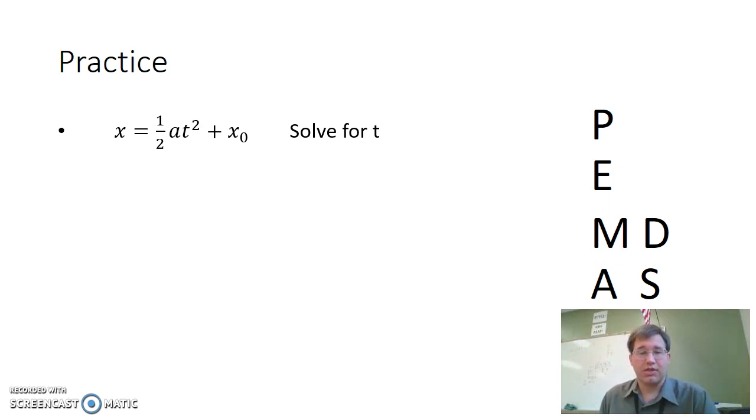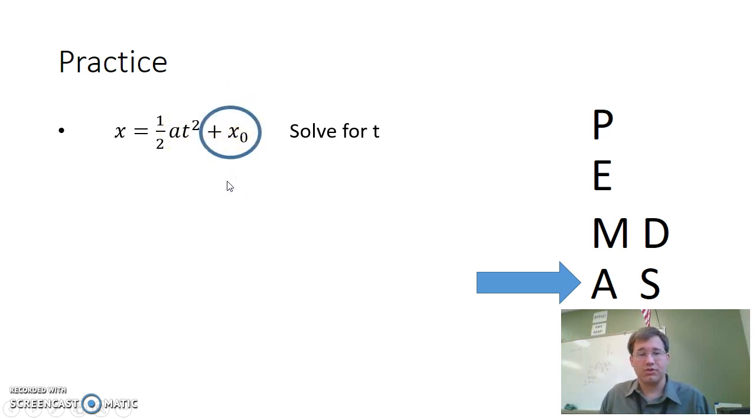The first thing that we have to do is consult PEMDAS, and PEMDAS says start with addition and subtraction. So where is there something that is adding or subtracting to the term that has our variable? The term that has our variable is the one where we have the t that's being squared and everything else. The thing that's being added onto it is this plus x naught.